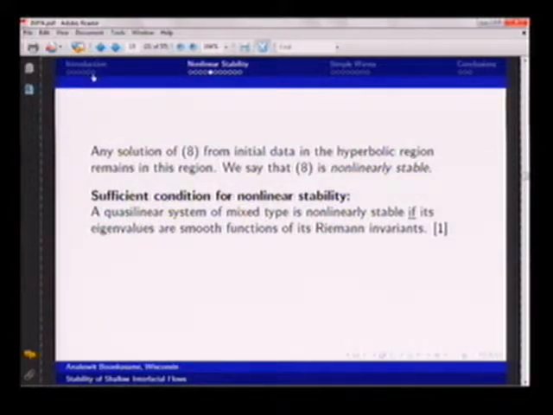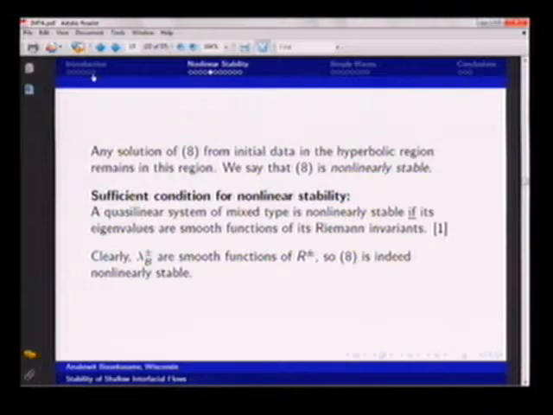It says that a quasi-linear system of mixed type is nonlinearly stable if its eigenvalues are smooth functions of its Riemann invariants, and we know that that's the case, right? That's why I wrote the eigenvalues in terms of R plus and R minus. Okay. So we got this conclusion that the system 8 is nonlinearly stable.